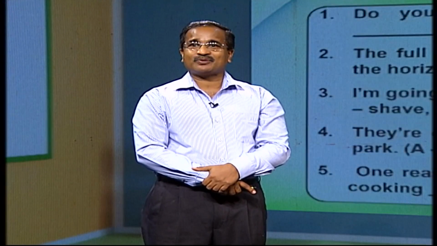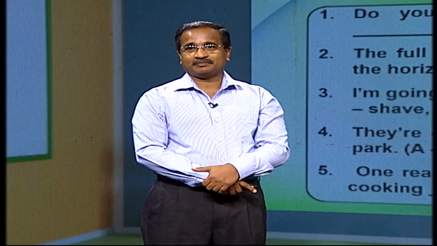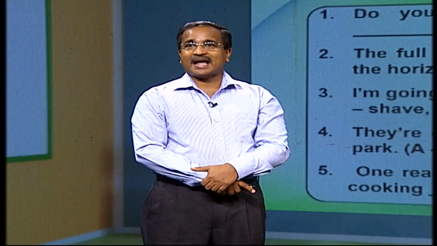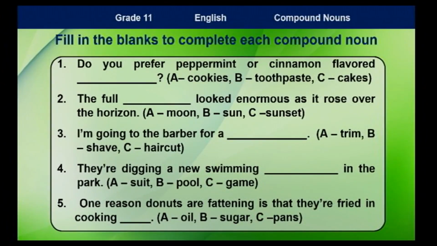Let's see whether we can do some simple activities in order to use these compound nouns in a meaningful way. Fill in the blanks to complete each compound noun. So here there are blanks. You have to use the words given in brackets to fill in these blanks. I think our students are ready now. Let us do it together. Okay, you can start. Do you prefer peppermint or cinnamon flavored toothpaste?